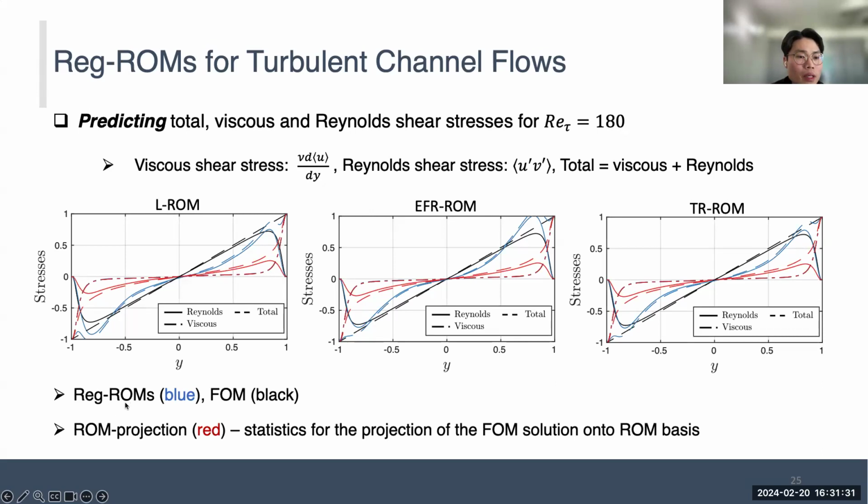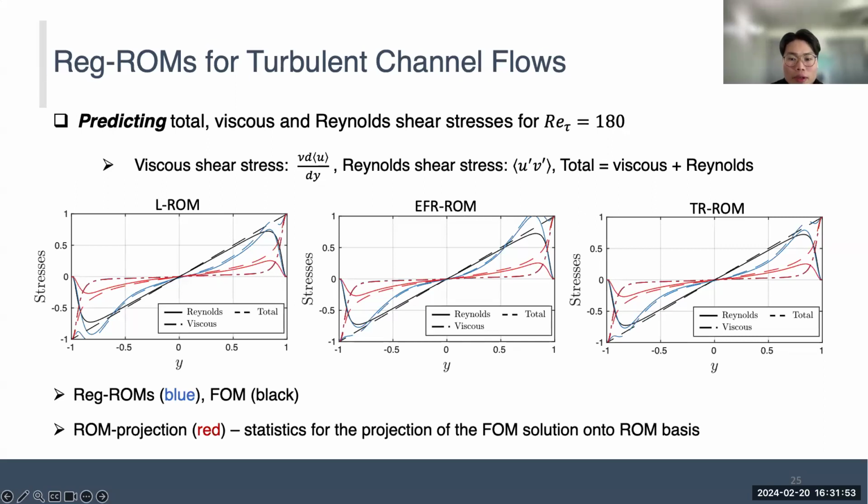What we found is that for the viscous shear stress, the RegROM captured it pretty well, pretty much lying on the forward model. For the Reynolds shear stress, we see that time relaxation ROM is the best, whereas we see over-prediction in the Ray ROM and EFR ROM.